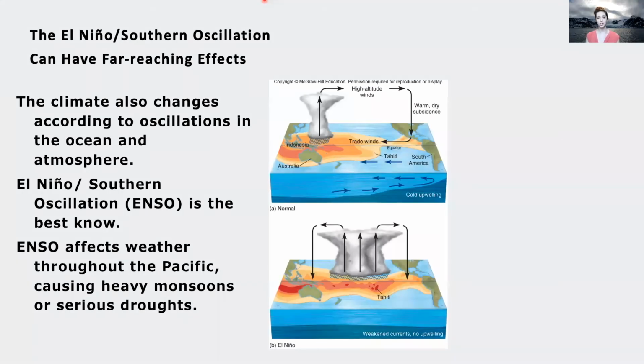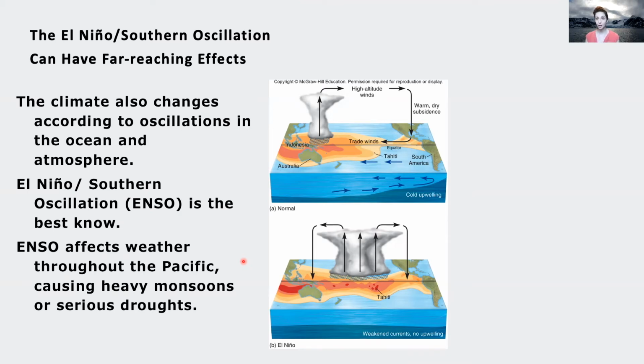As we've already touched on, there's a lot of interactions between the atmosphere and the ocean that cause changes to the climate. Something that you've probably heard about is El Nino, otherwise known as ENSO, or the El Nino Southern Oscillation. This occurs in the Pacific, right around the equator here. And ENSO affects weather throughout the entire Pacific Ocean, causing heavy monsoons or even serious droughts.